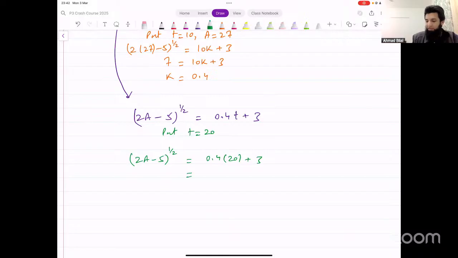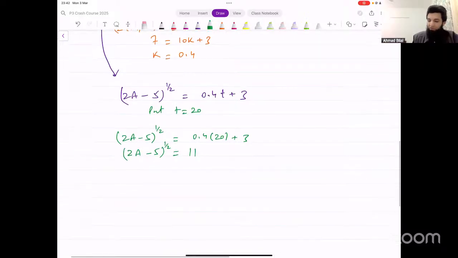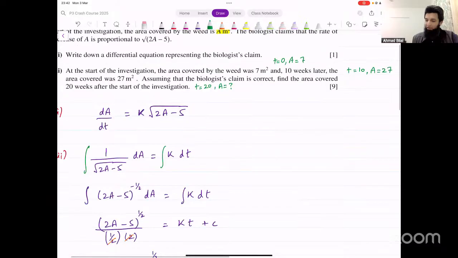On the right side, we have 8 plus 3, that's 11. (2a minus 5) to the power 1 over 2 equals 11. We square both sides, and that gives us 2a minus 5 equals 121. And the value of a turns out to be 126 over 2, which is 63. And that is what we were looking for. The value of a turns out to be 63.